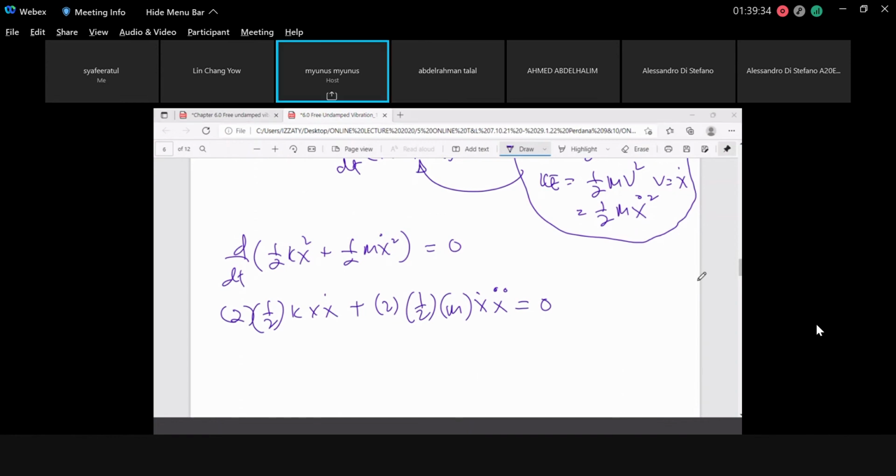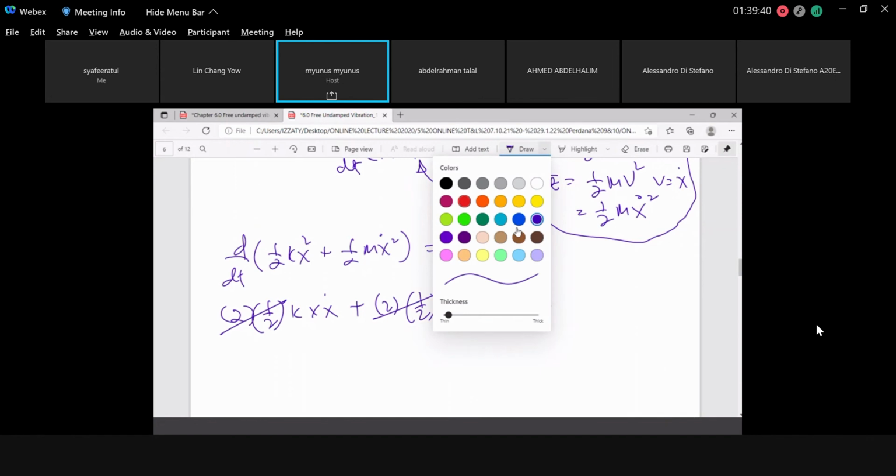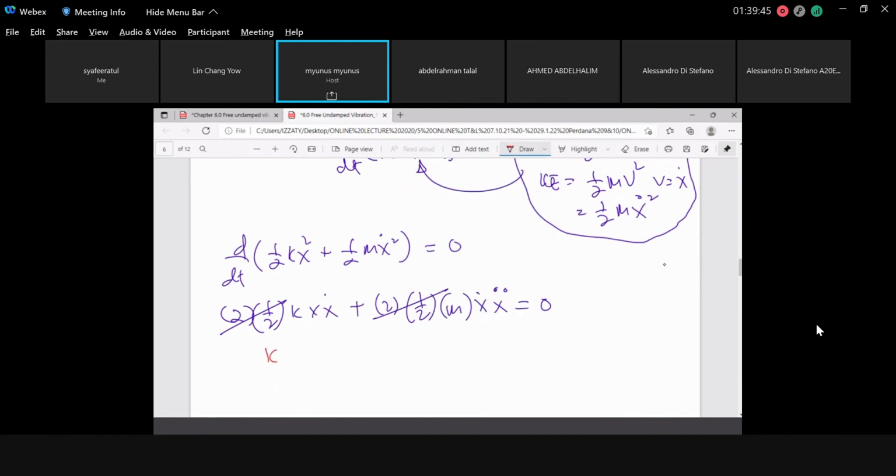Yes, doctor. So you can cancel here. Let me change the color so that you can differentiate it. So you have (k x plus m x double dot) x dot equal to 0. Then you have two solutions, remember? One solution says that x dot equals 0. What is x dot?